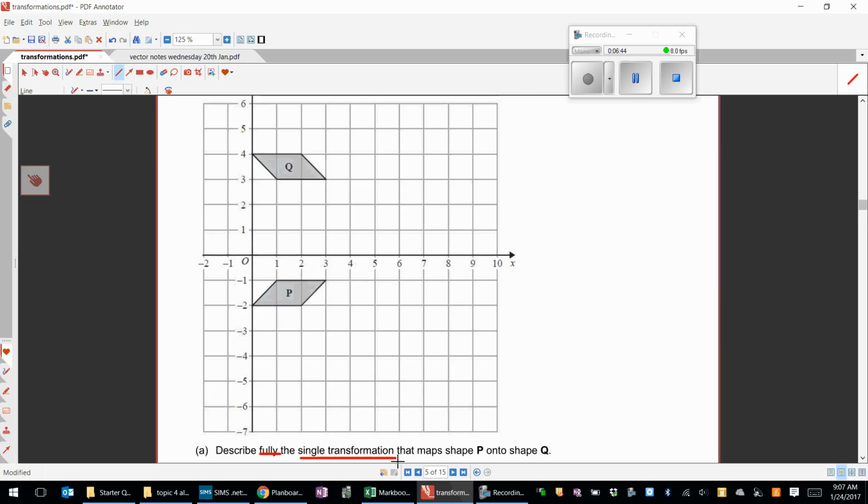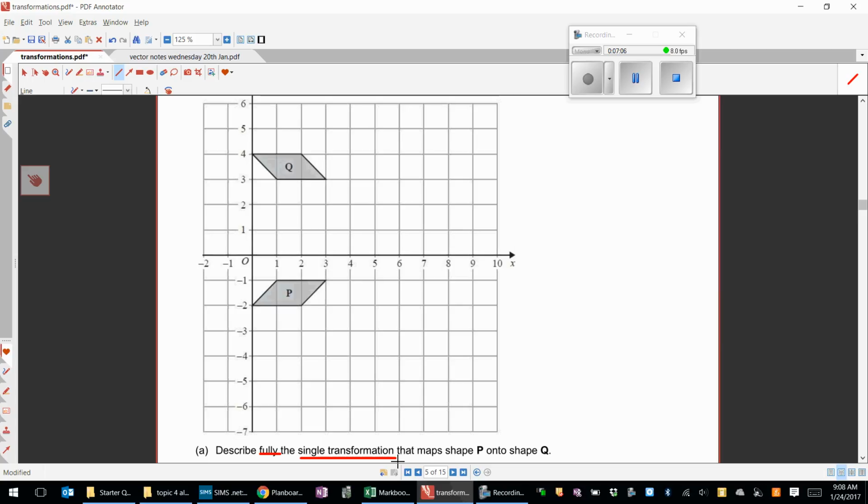Now what does it look like? Well, the thing is, if I picked that up and moved it, would it look exactly like that? No. So we're ruling out translation, because if it was a translation it would just be moved, right?